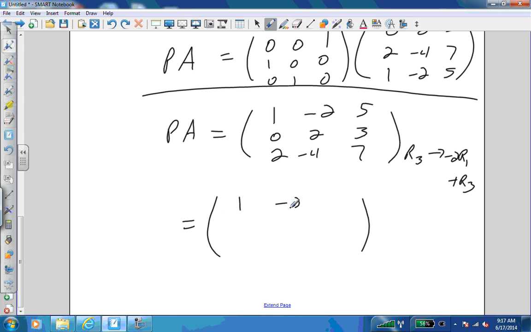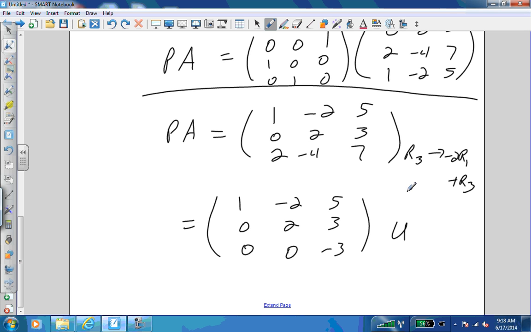So our first row is staying the same, our second row is staying the same, our third row we did negative 2 times the first row. Negative 2 times this, that's 4. Minus 4 is 0. Negative 2 times the first row, negative 10 plus 7 is negative 3. Notice that's a U.